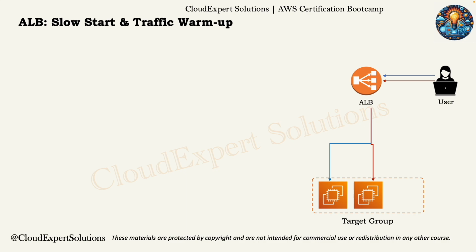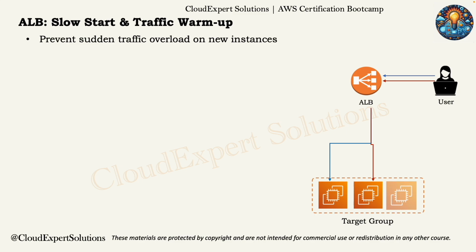Now let's review a different feature of application load balancer, which is slow start and traffic warm up. Slow start mode is a feature designed to prevent newly registered or re-registered targets from being overwhelmed with a sudden influx of requests. Let's assume that you are launching a new EC2 instance behind your application load balancer.